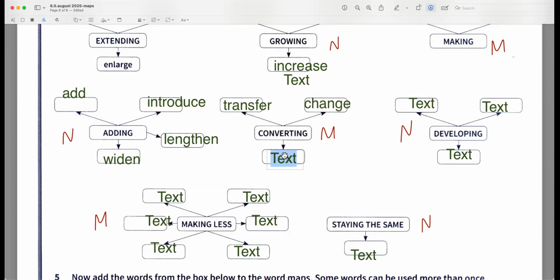Turn. Turn. What's that? Turn. You mean alter? No. I don't mention about alter.